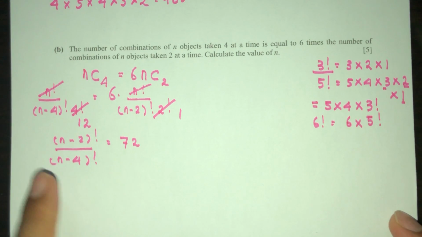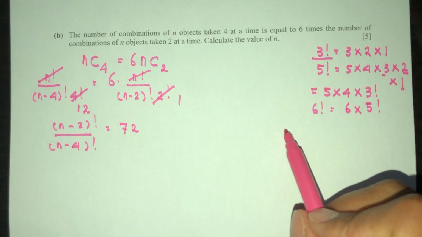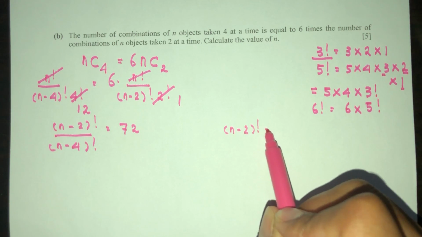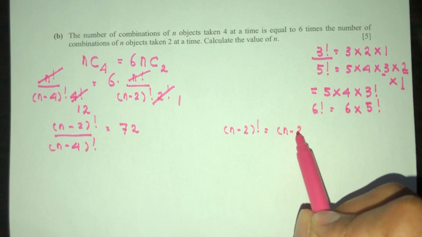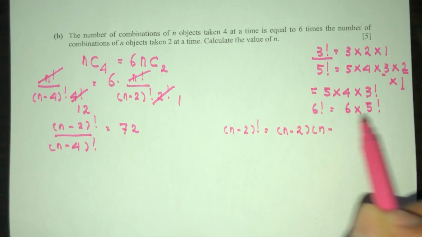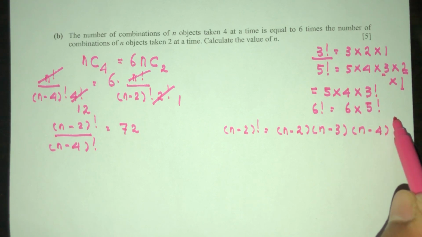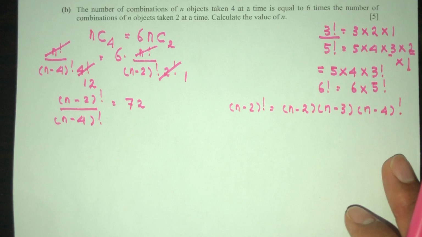Now, the same logic applies to these ones right here. What is n minus 2 factorial? It is n minus 2 times n minus 3 times n minus 4 factorial. Makes sense, right? Now just replace back in the equation.